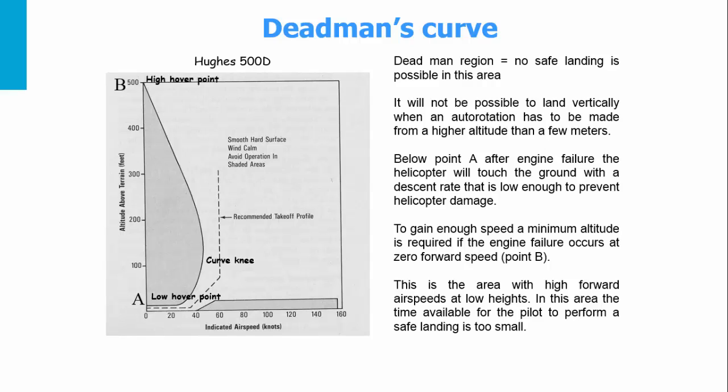There is another region in this area. It is on the right hand side, at high forward speed and low heights. In this area, the time available for the pilot to perform a safe landing is too small.